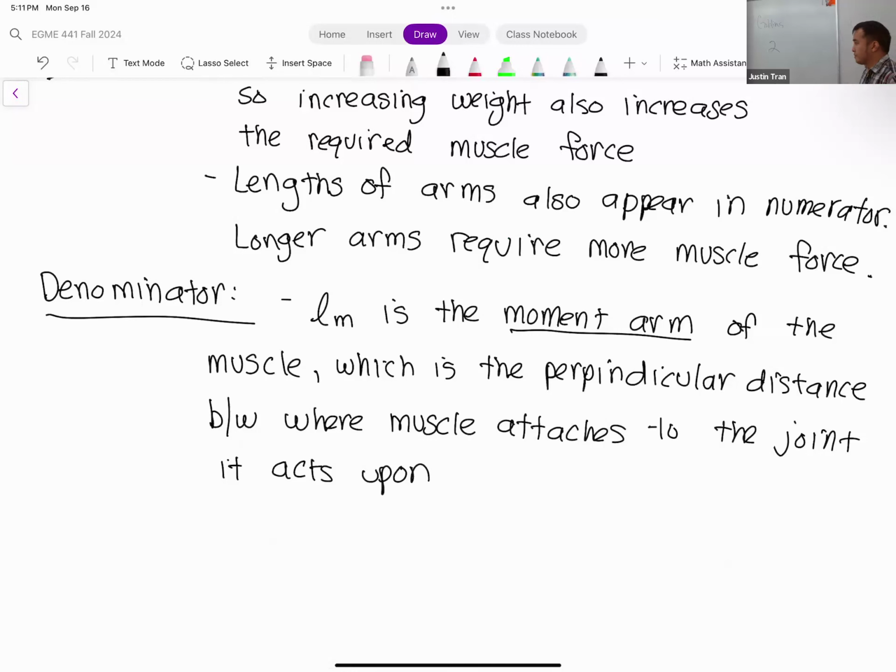Okay. It's a very important quantity for almost every muscle in your body, right? Because it determines a lot in terms of how much force the muscle has to exert. Okay.